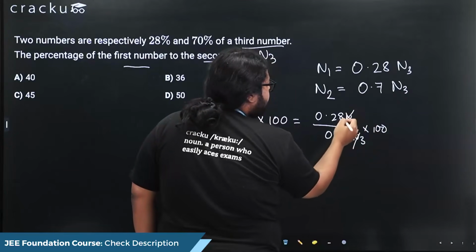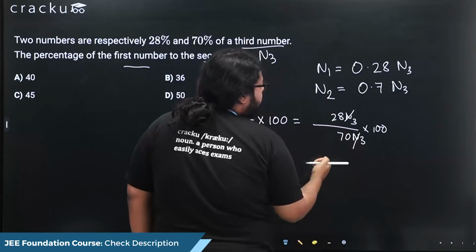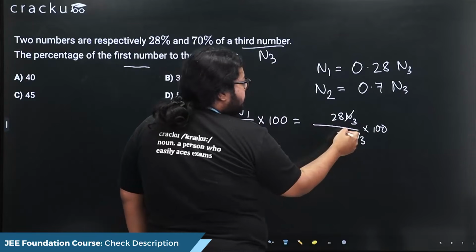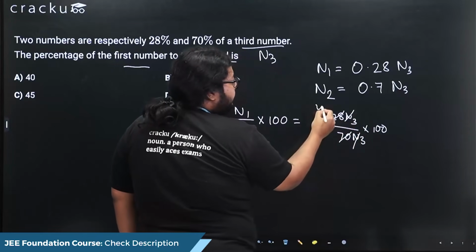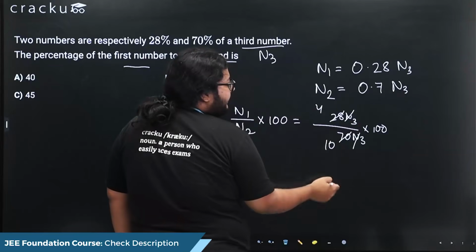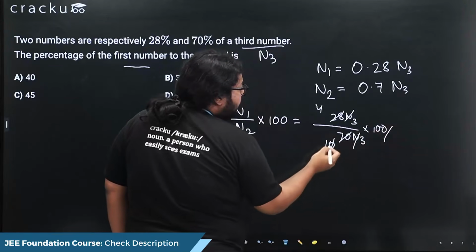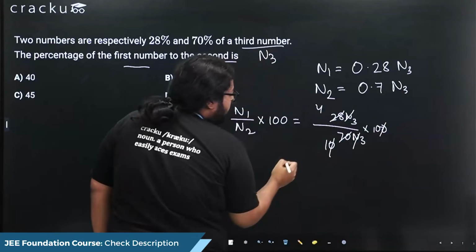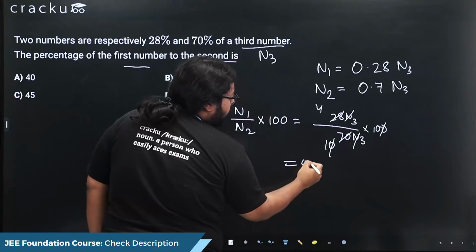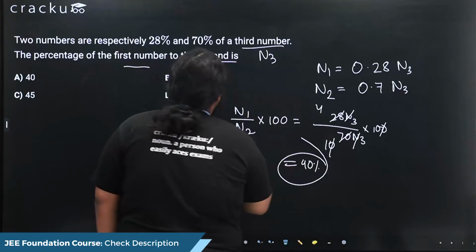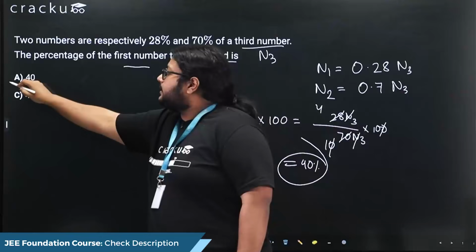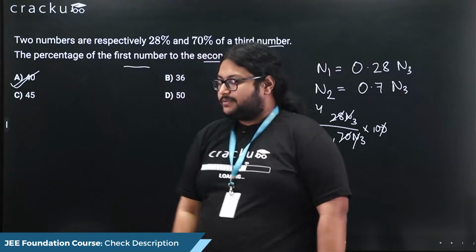So n3 gets cancelled out. The decimal points also, if you want, you can remove. That leaves me with 7 4s are 28 and 7 10s are 70. Zeros get cancelled out. So this is 40%. The answer here will be option A, which is 40%.